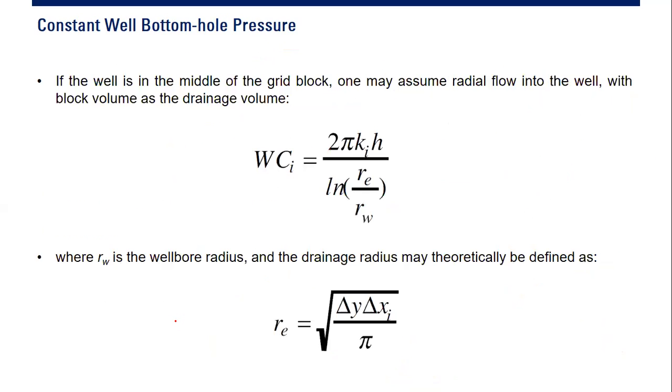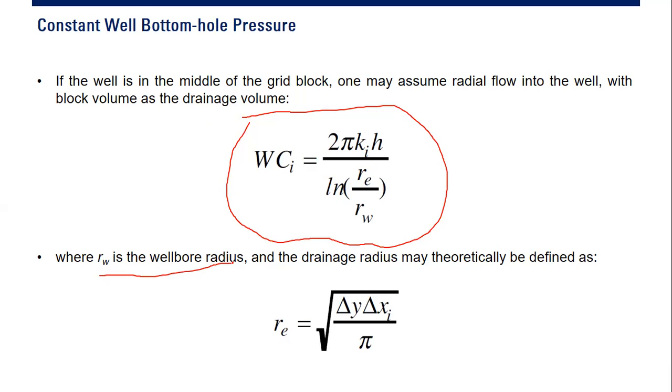Okay, we continue. Constant well bottom hole pressure. If the well is in the middle of the grid block, one may assume radial flow into the well with block volume as the drainage volume. So we can calculate the well constant using this equation: 2 pi permeability multiplied by thickness divided by the natural logarithm of RE divided by RW. RW is the wellbore radius and RE is the drainage radius, theoretically calculated using this one.